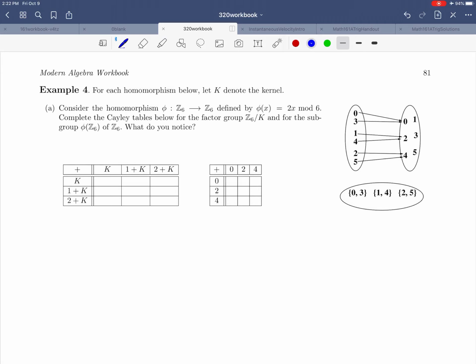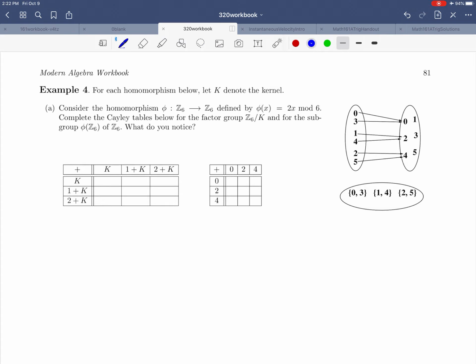In example 4, we are going to revisit the two homomorphisms that we already saw in example 3, and we're going to examine a little bit more the set of cosets of the kernel of those homomorphisms and the homomorphic images of those homomorphisms.